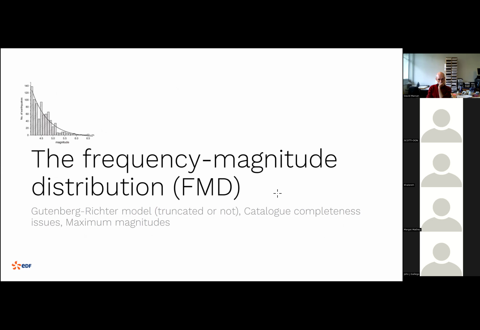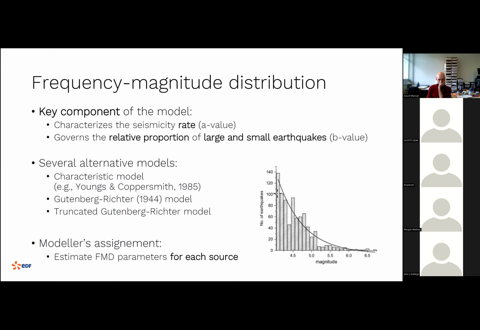Let's now talk more about the frequency magnitude distribution itself. Actually, we already talked quite a bit about this distribution, but there is maybe a little bit more to discuss. So with the spatial component, this is the other key component of the seismic source model. It characterizes the seismicity rates, so the a value, and it also governs the relative proportion of large versus small earthquakes.